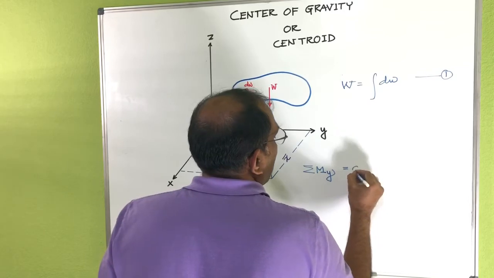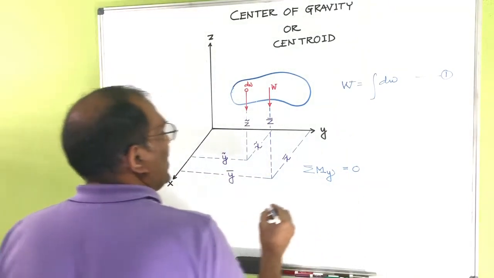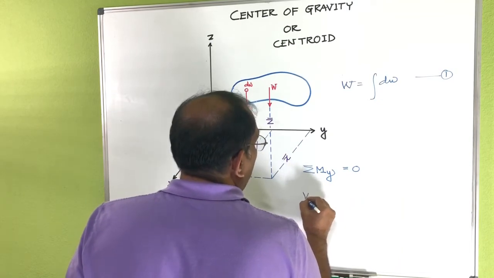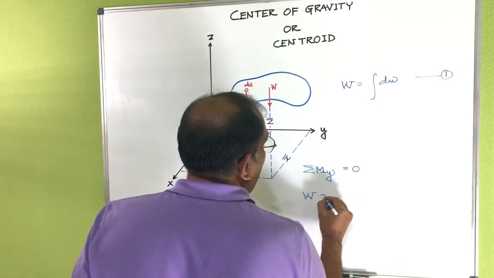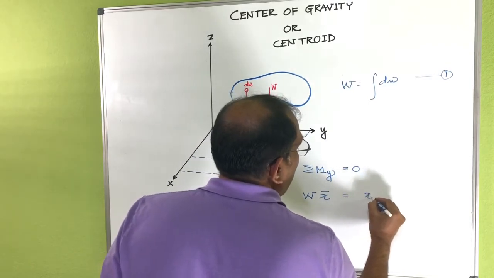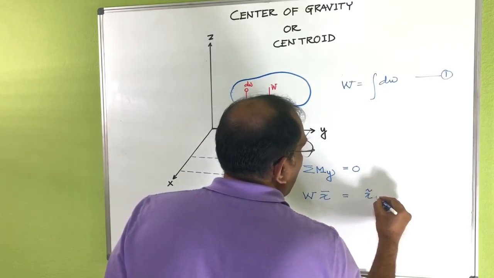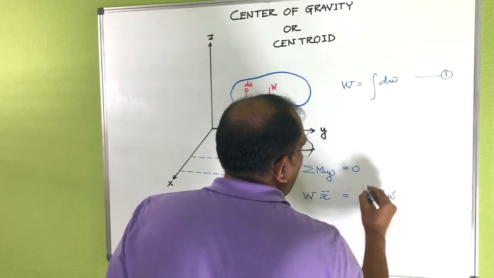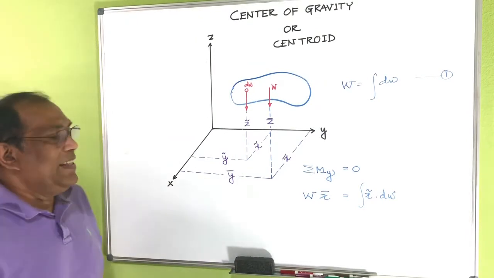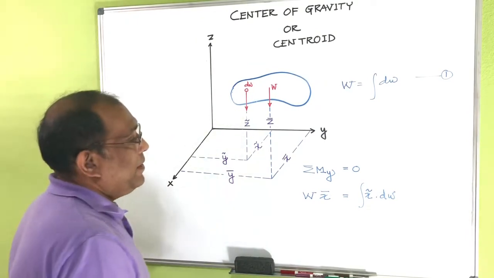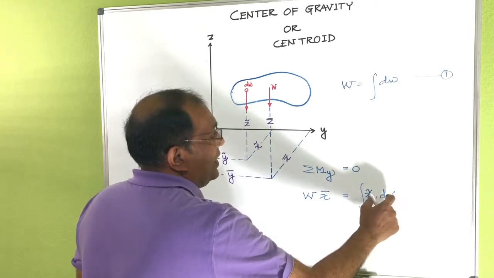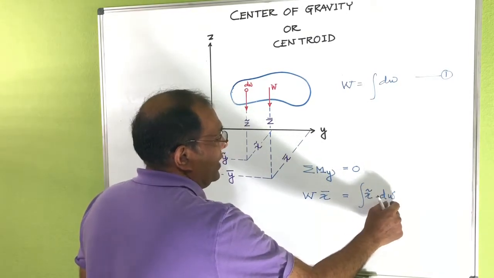That has to be 0. So you can see your W times x bar has to equal the summation of all the single small weights' moments.